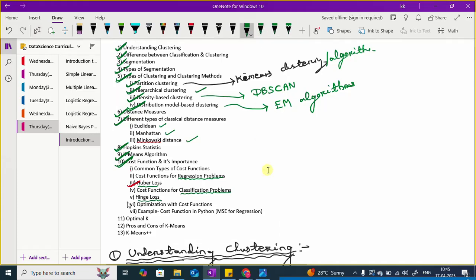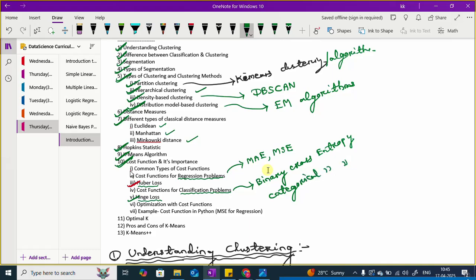So Huber loss, hinge loss. Coming to regression, we have MAE and MSE. And coming to classification, we have binary cross entropy and categorical cross entropy.